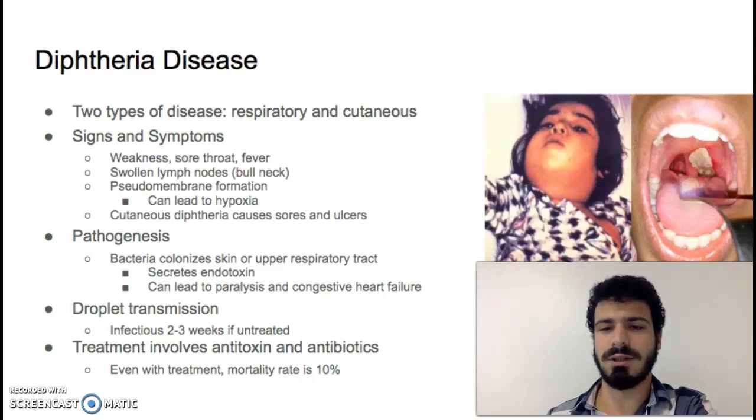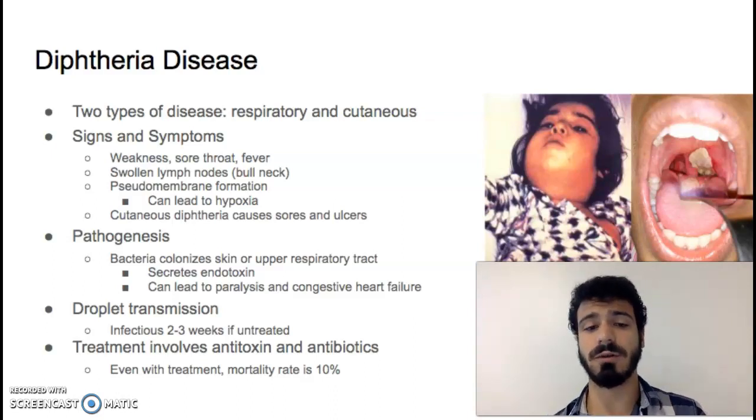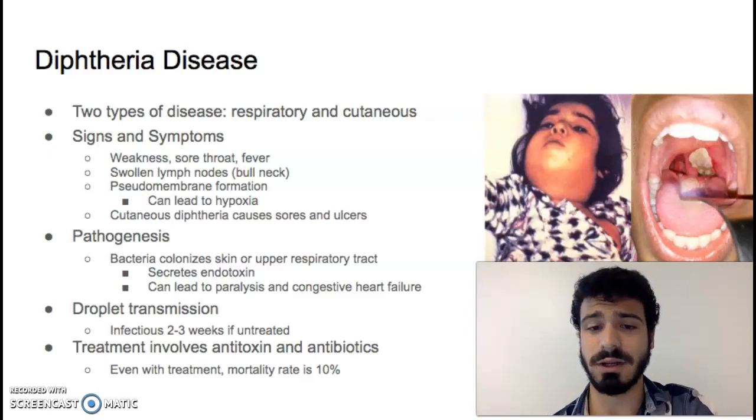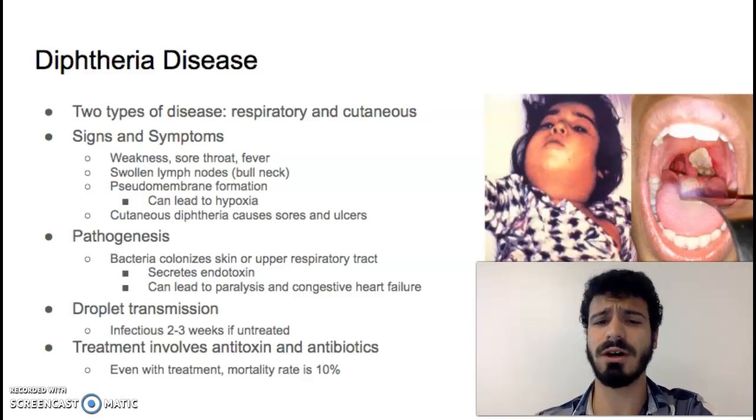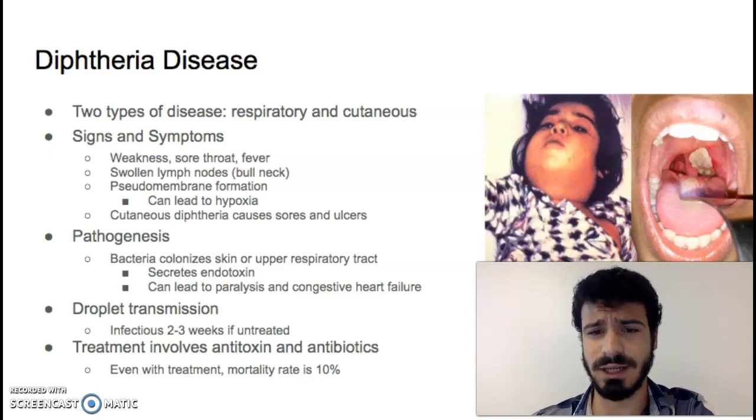And then the toxin can be absorbed to distant organs and can affect them, and that can lead to a host of other problems, including paralysis, kidney failure, and congestive heart failure. In fact, most of the deaths actually occur from congestive heart failure.